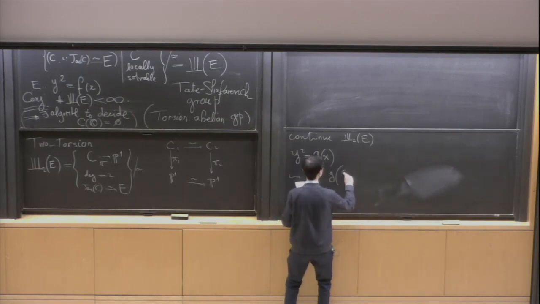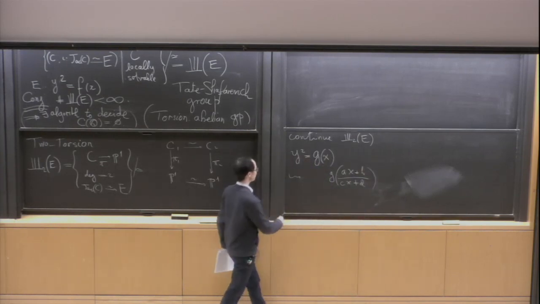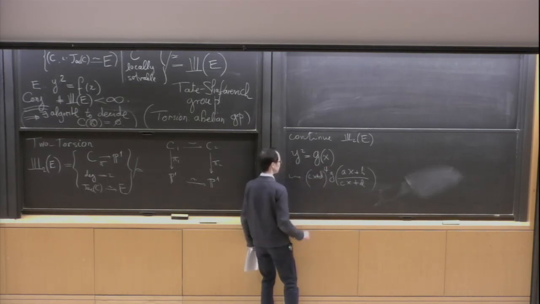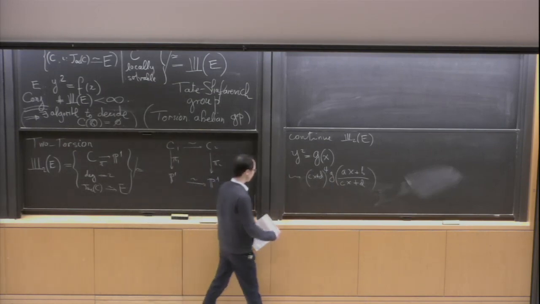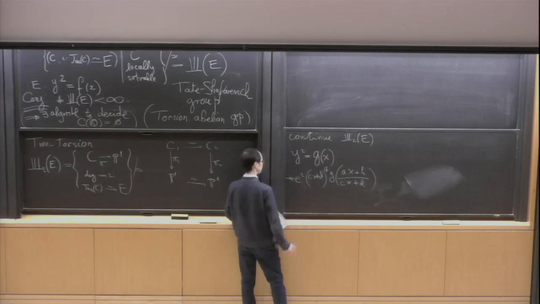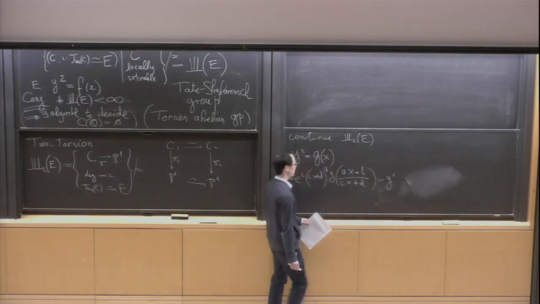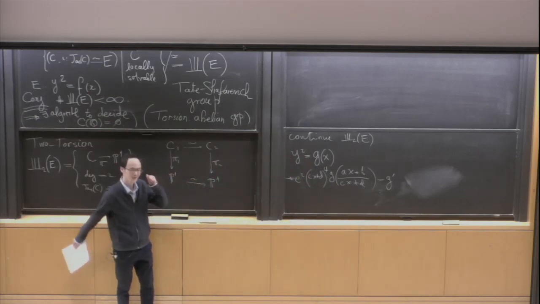In other words, you can change a variable in this way. You want to get a degree 4 polynomial, so you better multiply by this fourth power, then maybe also times another constant square. So that would be the new g prime. That's essentially telling you how to identify two such hyperelliptic curves.